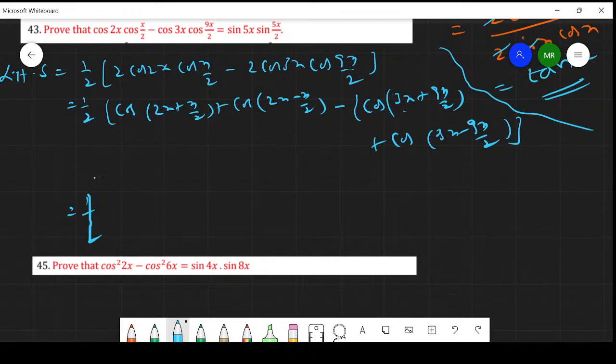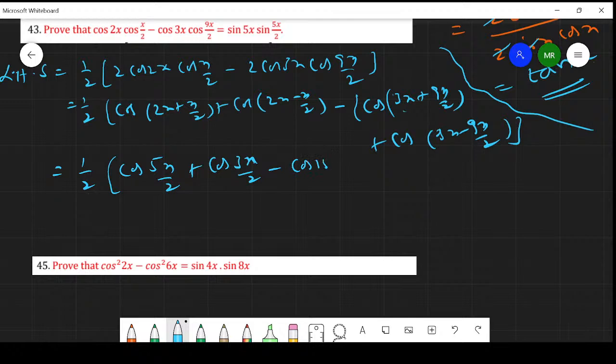So this is equal to 1/2 of cos 2x plus cos 5x/2 plus cos 2x minus x/2, which is 3x/2, minus cos 15x/2, since 6x plus 9x is 15x, then minus cos of 6x minus 9x over 2, which gives cos of minus 3x/2.